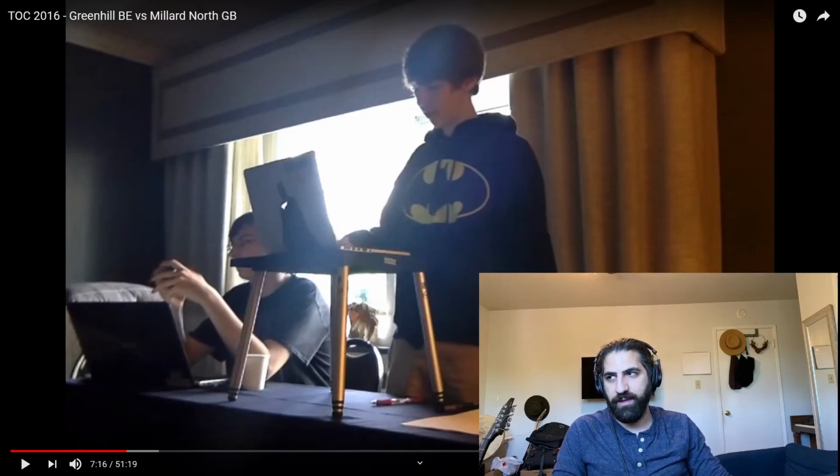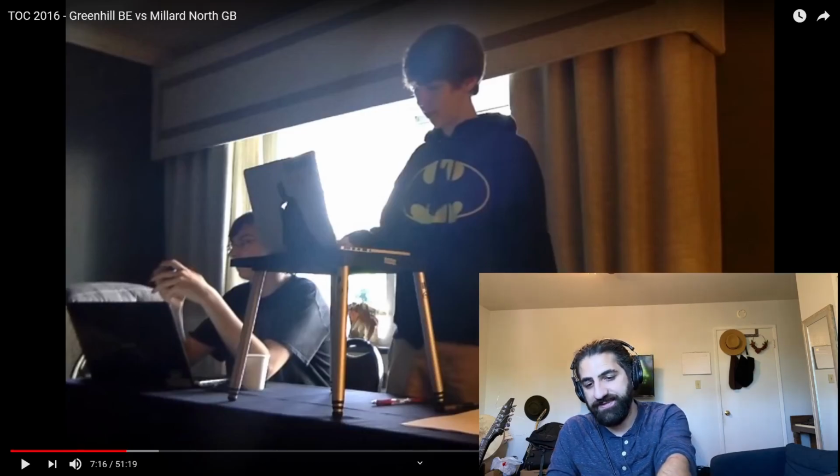How effective each side will be is going to depend on how well shrouded, let's say, they can make their strategy through cross-X. Let's see.